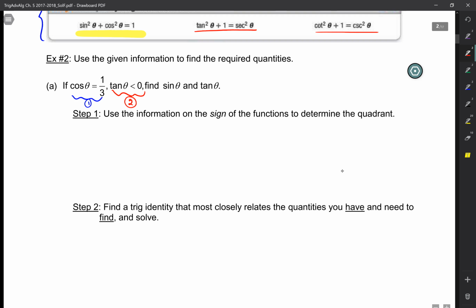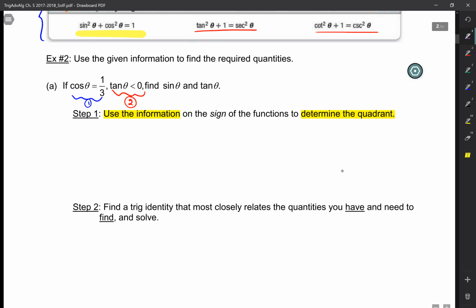You're always going to be given two of these pieces of information. The first one is going to have some numerical content. The next one is there for you to be able to figure out what quadrant your answers are going to be in. So we're going to use the information to determine the quadrant.